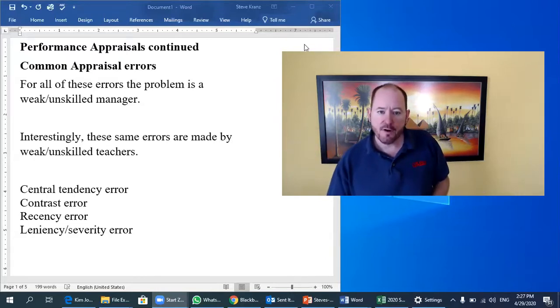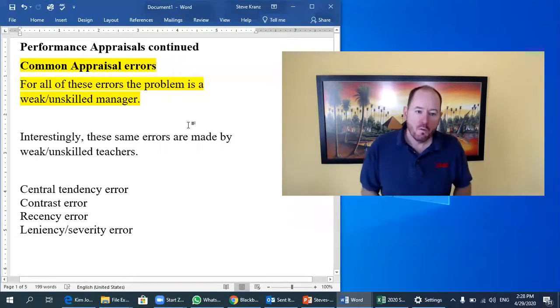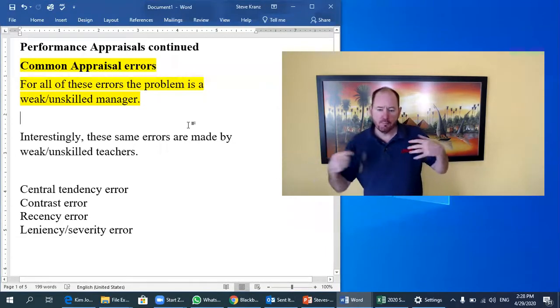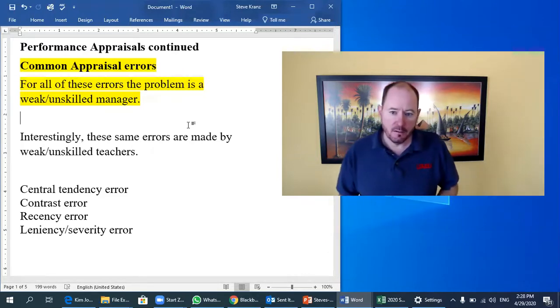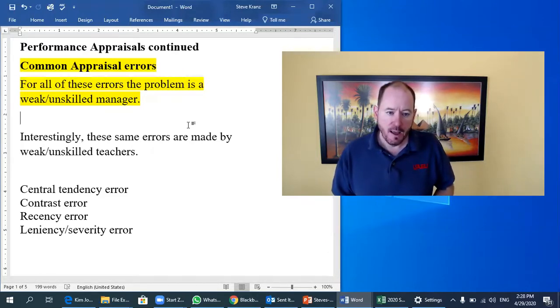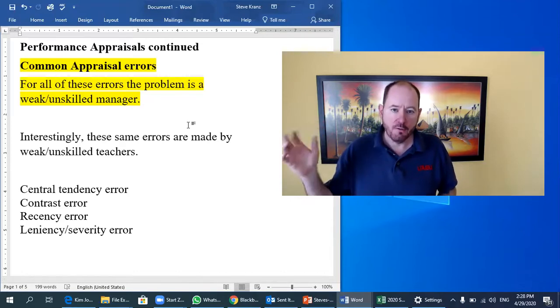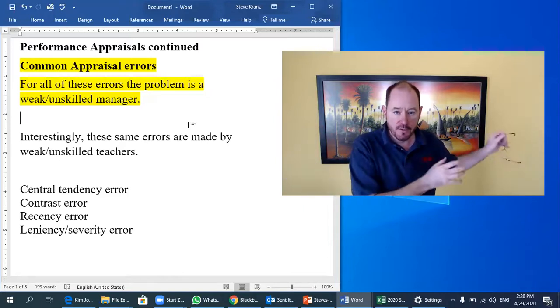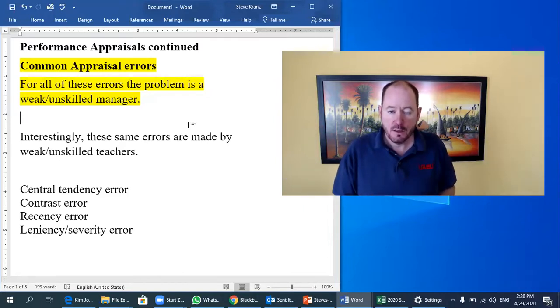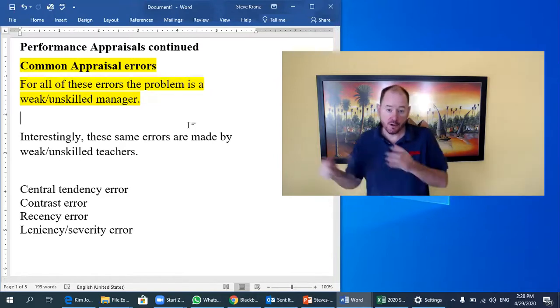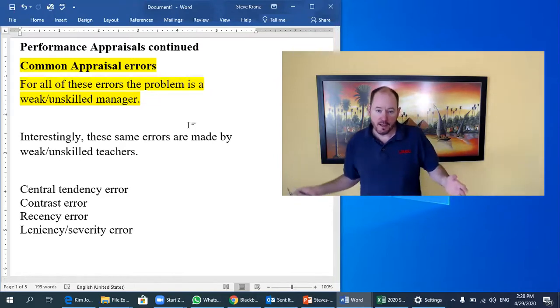So now let's dive right into the topic. As I said, we're discussing the appraisal errors that companies can make. And interestingly to me, the appraisal errors that managers often make when they're giving appraisals of their employees are often the same type of mistakes that I've seen teachers make with their classes.